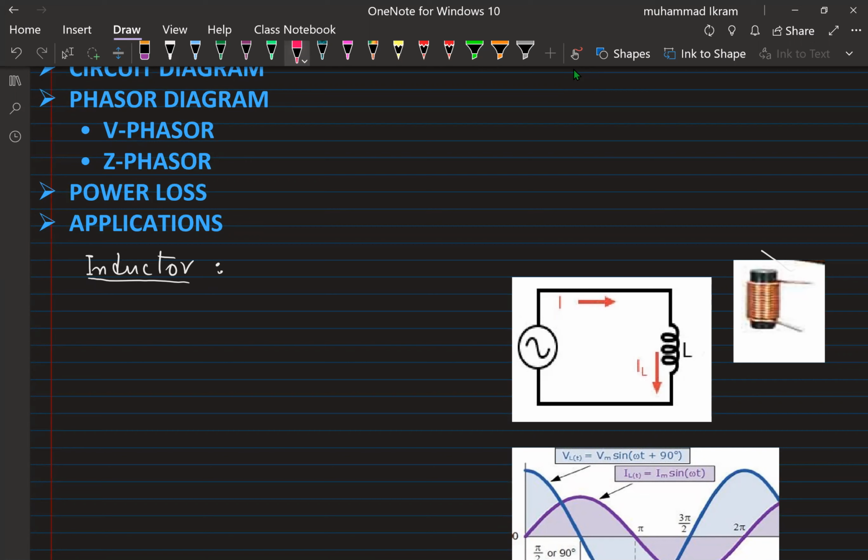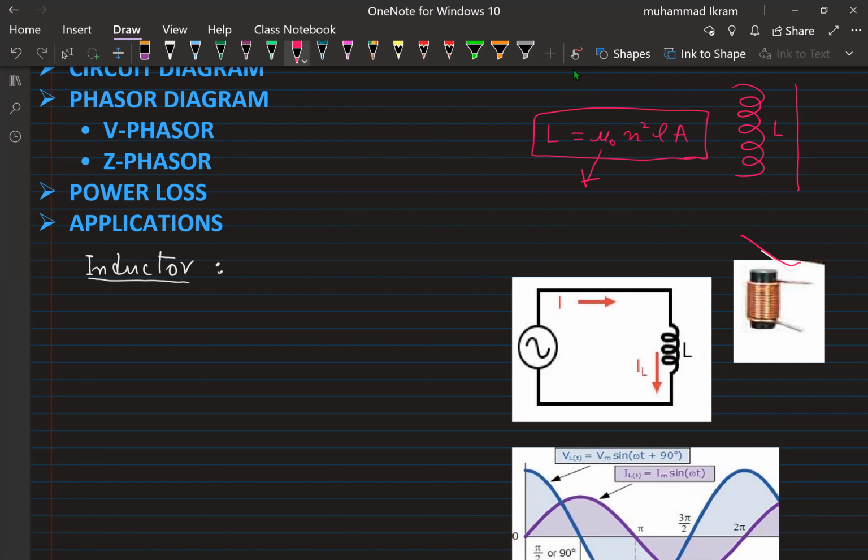So an inductor is a solenoid, right? When you wrap a wire around a cylindrical shape, an inductor is formed, and the inductor has some inductance, denoted by L. If you remember, I told you that this inductance is equal to mu naught n squared L A. So it depends on the geometrical conditions of the inductor, such as the nature of the core material.